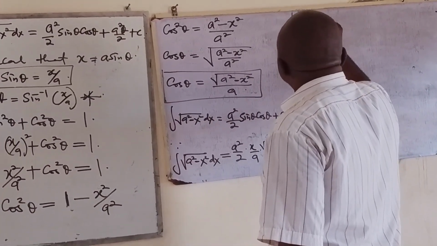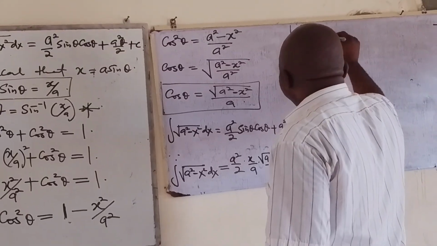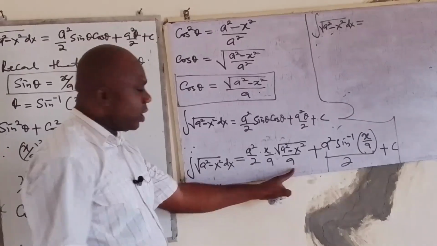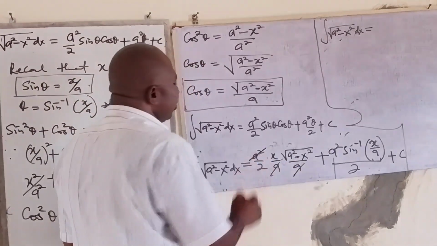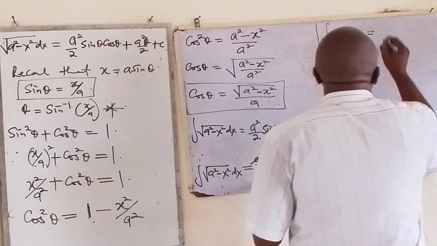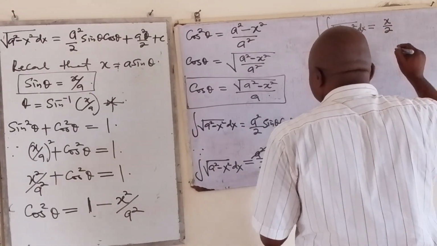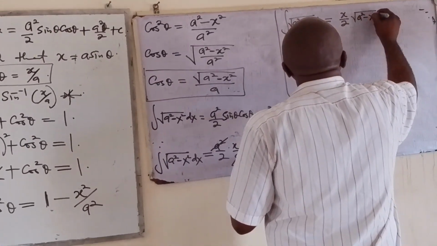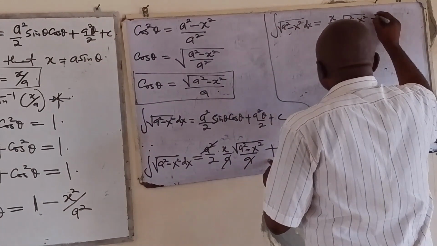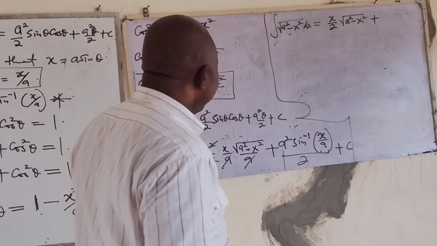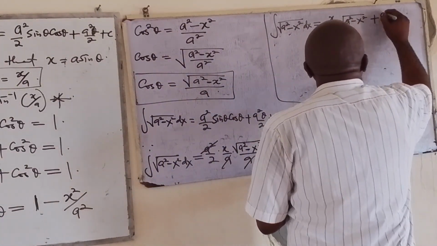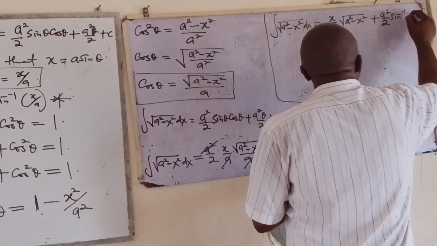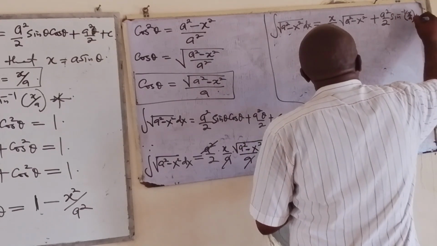So now it therefore means that the integral of the square root of a squared minus x squared dx will be equal to, now let's look at this. A times a is a squared. So this a squared will go with this a squared. So we have x all over 2, then the square root of a squared minus x squared. Here we have plus a squared all over 2, then sine inverse of x all over a plus c.